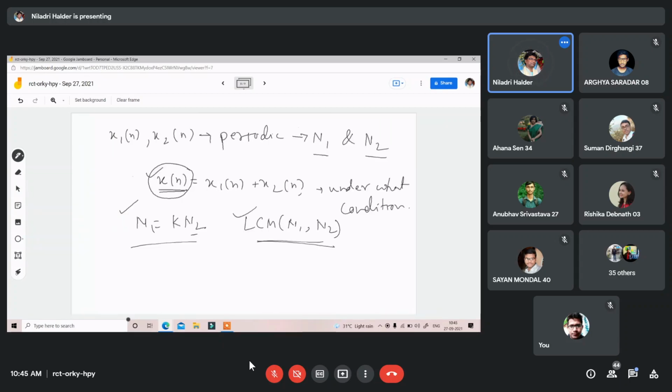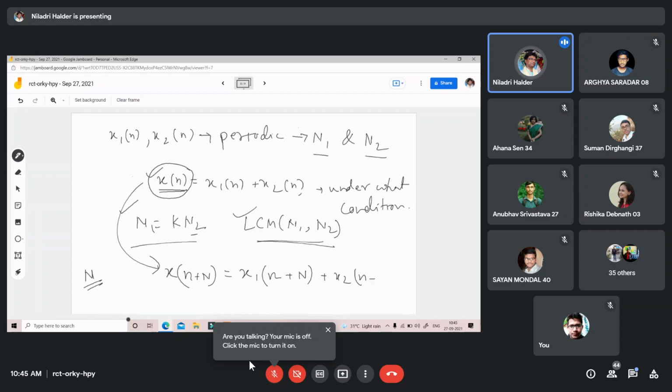just consider here, if that is periodic, suppose with a period value of N, then that equation can be written as xn plus N equal to x1 n plus N plus x2 n plus N. Now x1 n plus N, consider p number of samples.